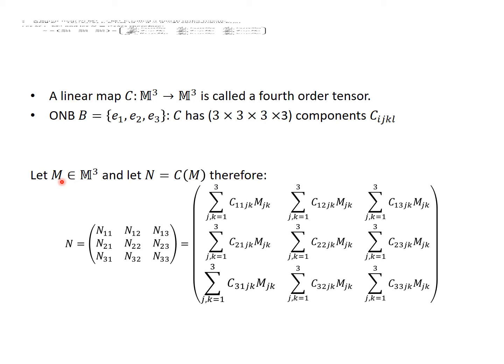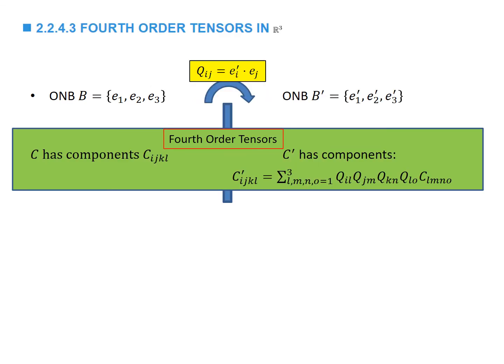And given an arbitrary matrix M, when we apply C to this M, we get a new matrix N. The components of N can be obtained by multiplying the respective components of C by the respective components of M. The new components of C, when we change from the original orthonormal basis set to the new orthonormal basis set, can be found using this form. C prime sub ijkl is equal to the summation Qim Qjn Qko Qlp multiplied by C sub mnop.